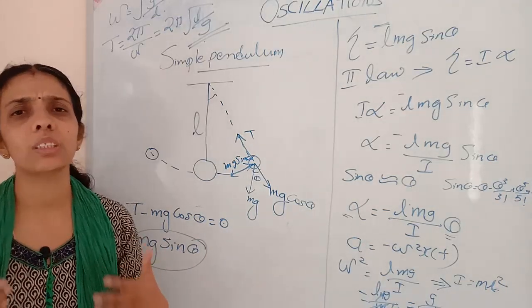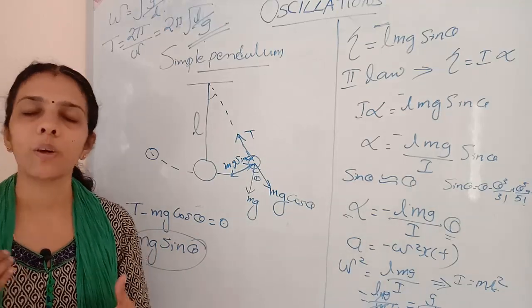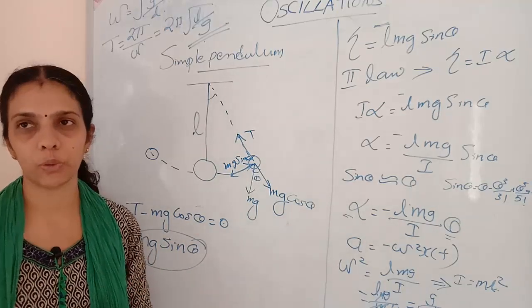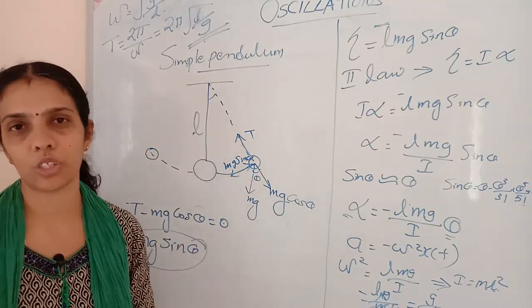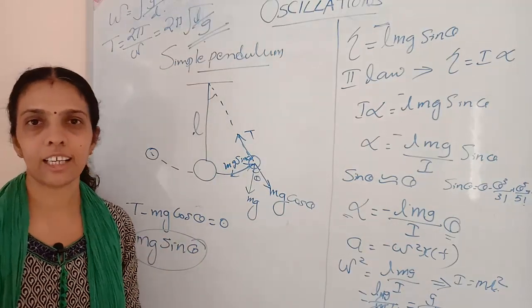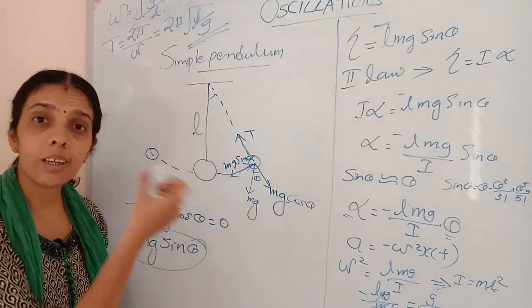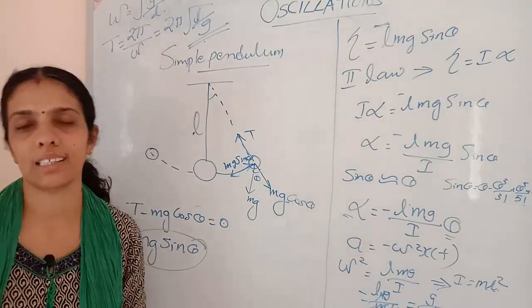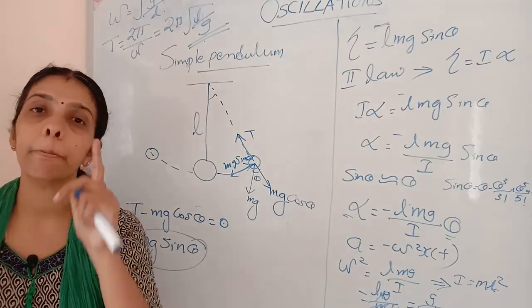So all those resistive forces or dissipative forces are there. Because of this dissipative force, after some time our bob will come to rest position, or its oscillation is decreasing. It won't come back to that much angle. The angle of separation will be decreasing. It is because of that, which is called damping.